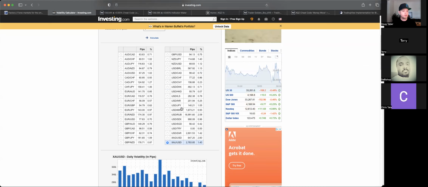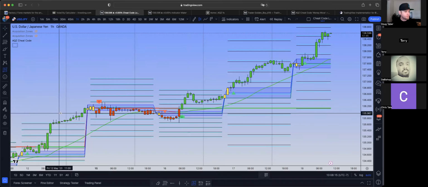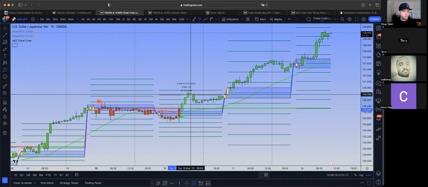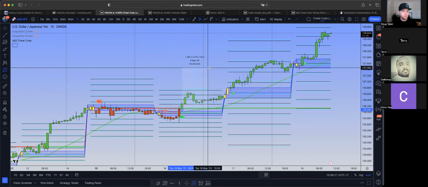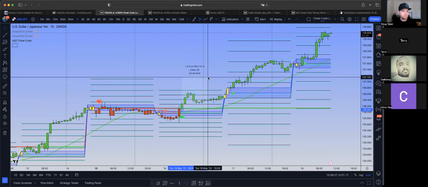We're looking at UJ now, and we have a running daily average of 140 pips. So we're going to want to look at taking 50 to 75% of that, which is 70 pips to 105. So we're just going to say 70 to 100 pips is what our target's going to be, each day. So 70 to 100 for UJ is our target.